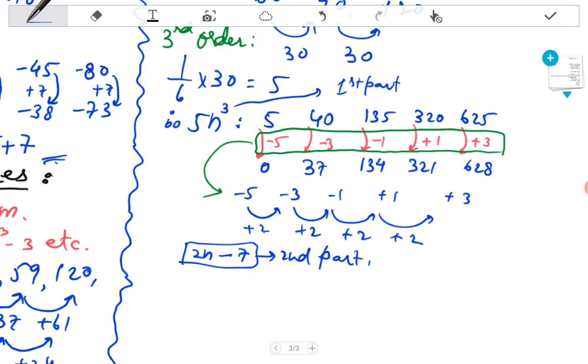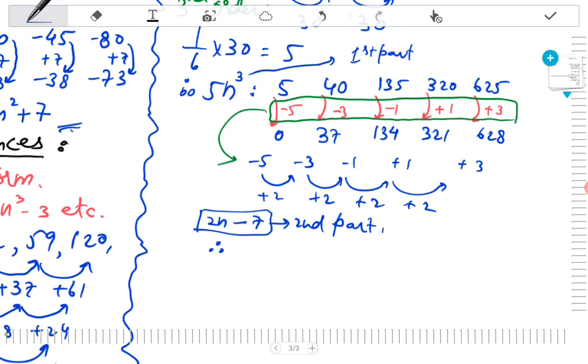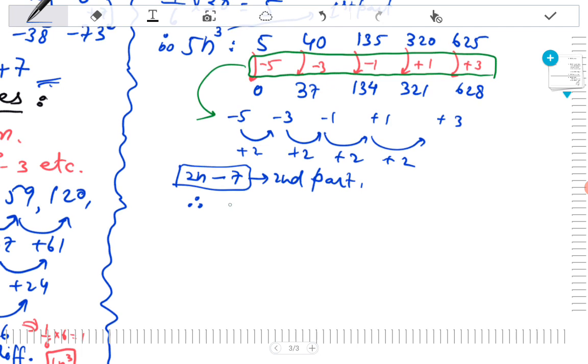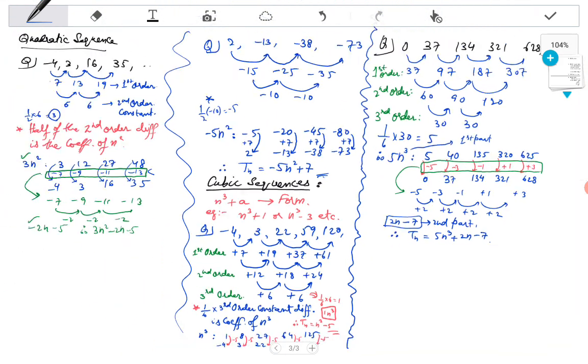So put them together in order to state your answer as general term formula. The general term Tn, nth term, is 5n cube plus 2n minus 7. Hope it is clear. So this is how cubic sequences are dealt with.